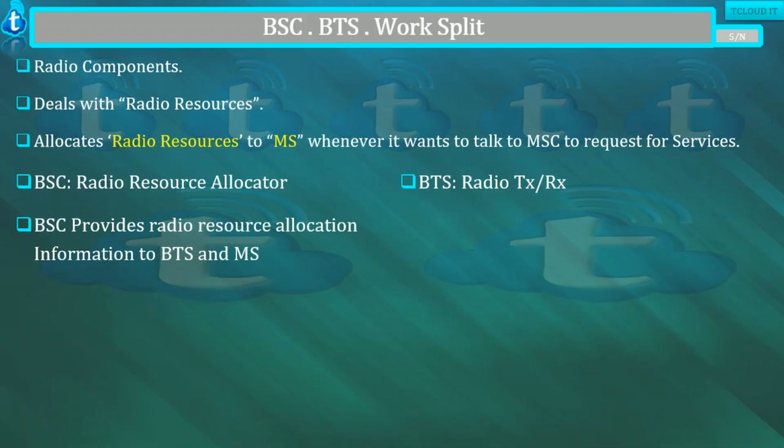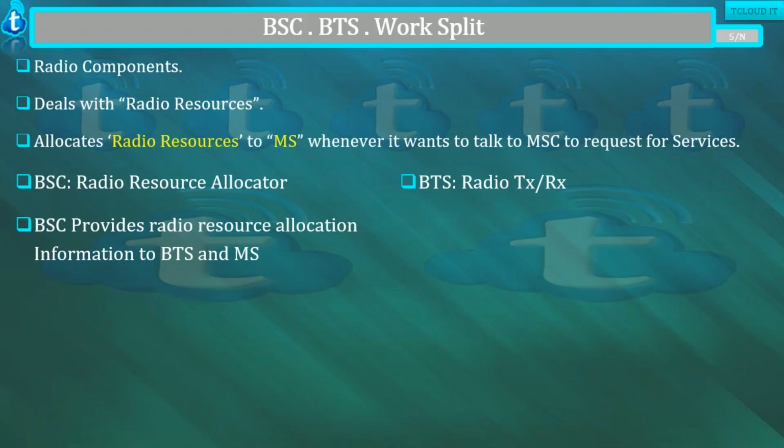BTS also understands, if it is receiving some particular radio information on a particular radio resource, who is sending it. BTS will be able to judge that, because BTS also knows which radio resource is allocated to which mobile station. But both these components are not the ones who are allocating the radio resources. It is the BSC who is allocating the radio resources. But that information must be provided to both BTS as well as mobile station.